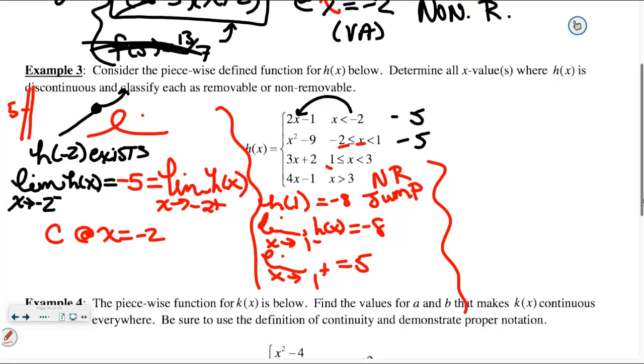Alright, so the next one, don't forget to check the first thing. What was the first thing I checked on the other 2 transitions? That there was a closed dot, right? Is there on this one at 3? All you have to write is h of 3 is undefined.